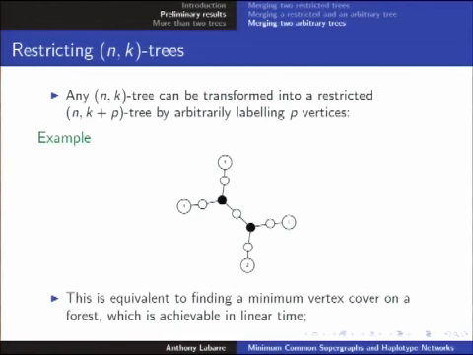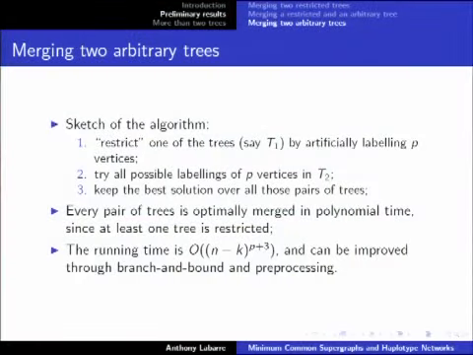So the sketch of the algorithm is here. If I get two arbitrary trees, I want to label as few vertices as possible so that either tree becomes restricted, or possibly both. And then I have to try all possible labelings of the corresponding subset of p vertices in the other tree, and finally I keep the best solution over all those pairs of trees.